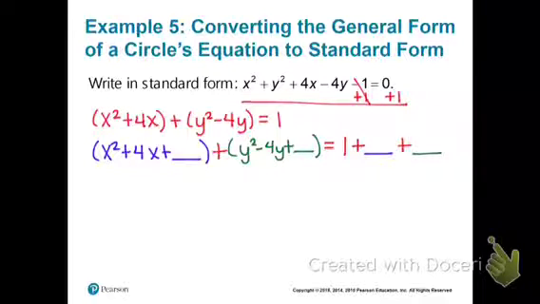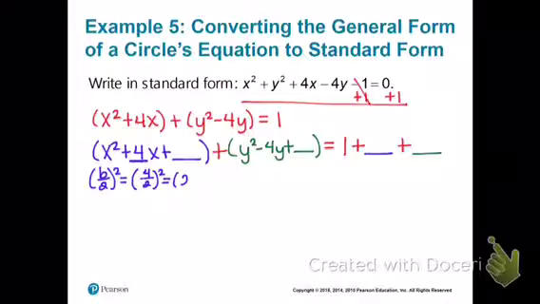So let's go through and do our blanks. How do we fill in the blank? B over 2 squared, right? So for this first, the x parenthesis here, what is my b? 4. The number in front of the x. So 4 divided by 2 squared. So 4 divided by 2 is 2.